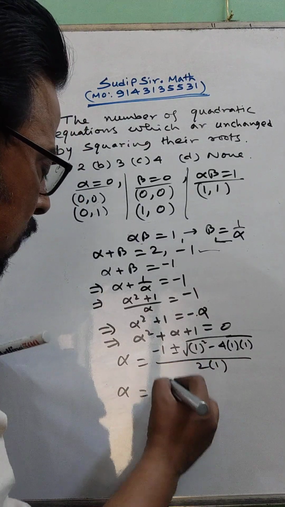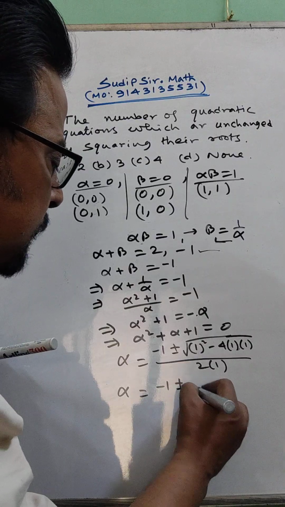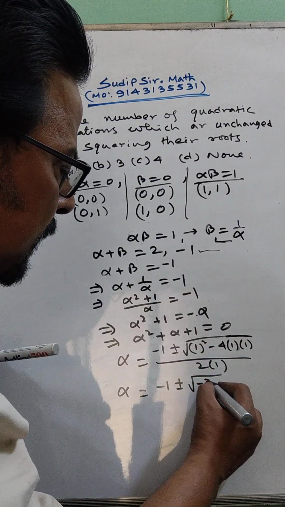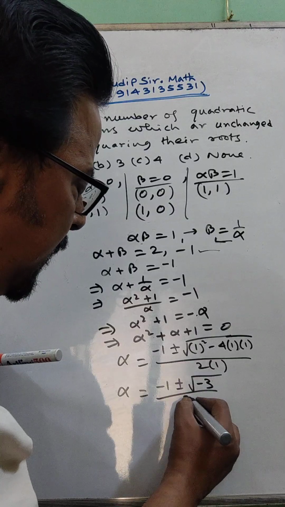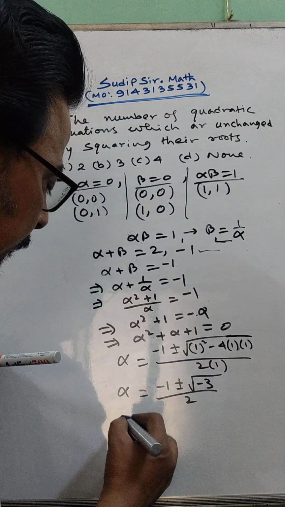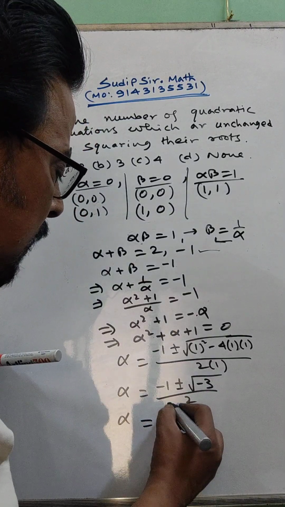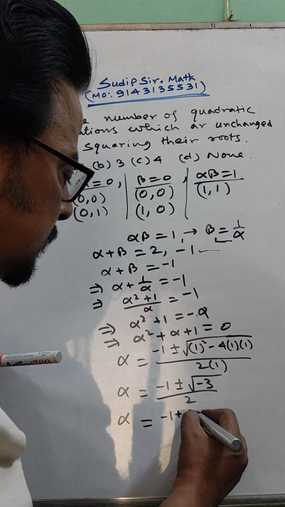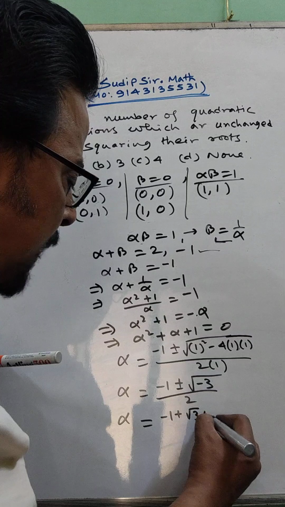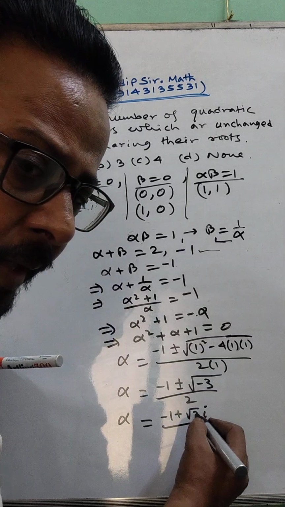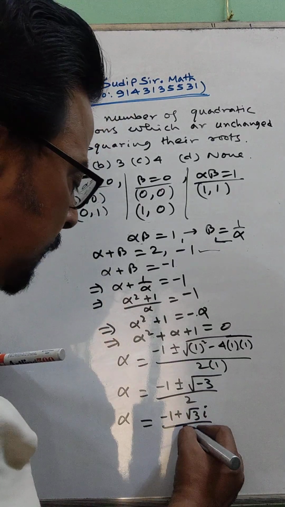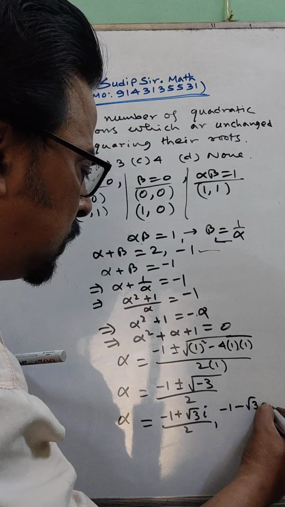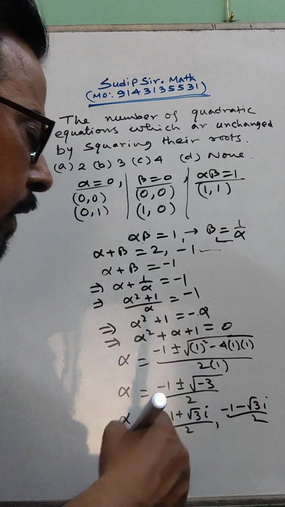That is alpha equal to minus 1 plus minus root over of, that is minus 4 plus 1, that is minus 3, which is imaginary. Now this is alpha equal to minus 1 plus root 3 iota by 2 comma minus 1 minus root 3 iota by 2, in complex numbers.